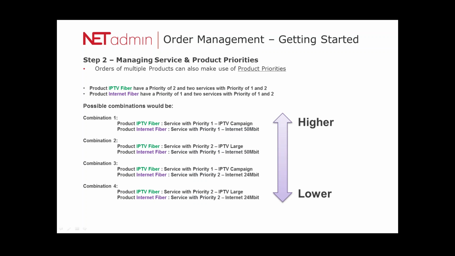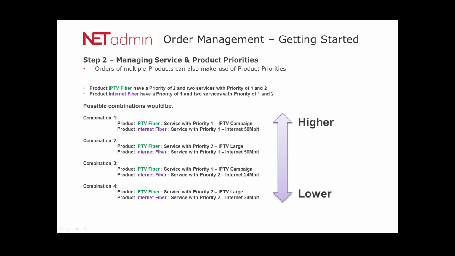The first combination is the one where the highest prioritized service of each product is being selected. So it selects the highest of IPTV and the highest of internet. The next one is where, let's say, the internet fiber highest priority and the second prioritized service on the IPTV is selected.